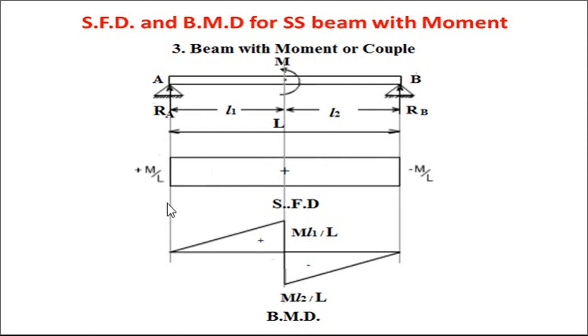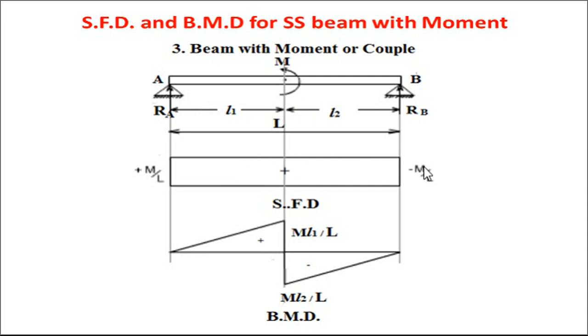Reaction upward M by L. First of all draw a horizontal line of 0 ordinate. Plus M by L at RA, go upward, no load from A to B. Here it is not a load, it is a moment. Whenever there is a moment in between, moment does not have any effect on the shear force diagram.